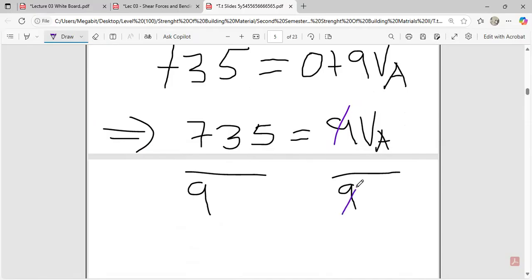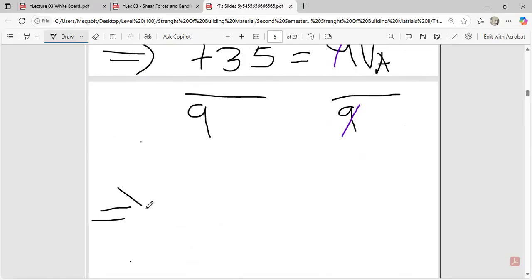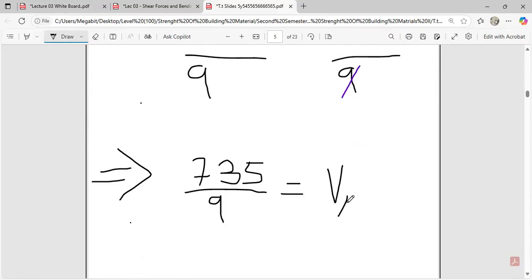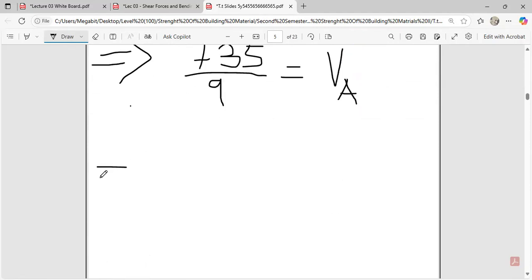We're now going to be getting 735 over 9, which is equal to VA. 735 divided by 9 is 81.66.